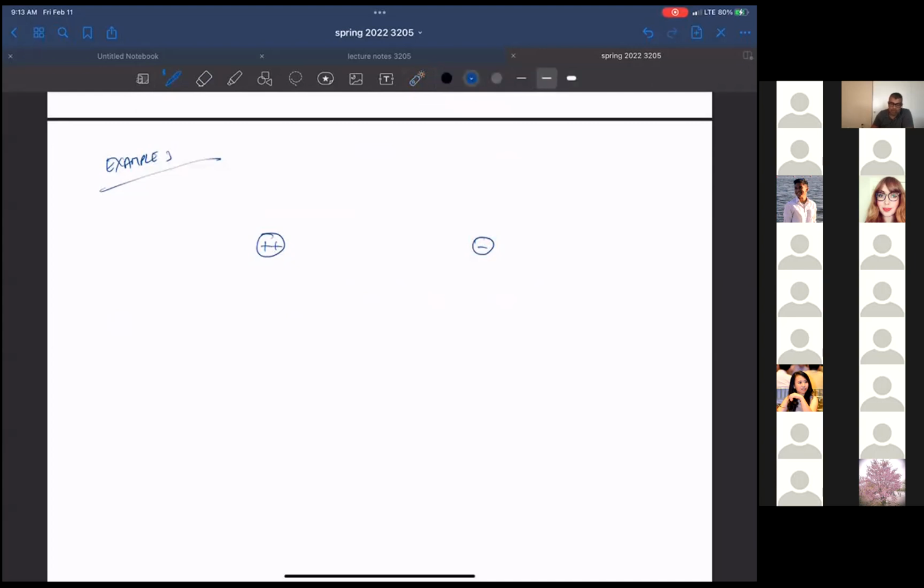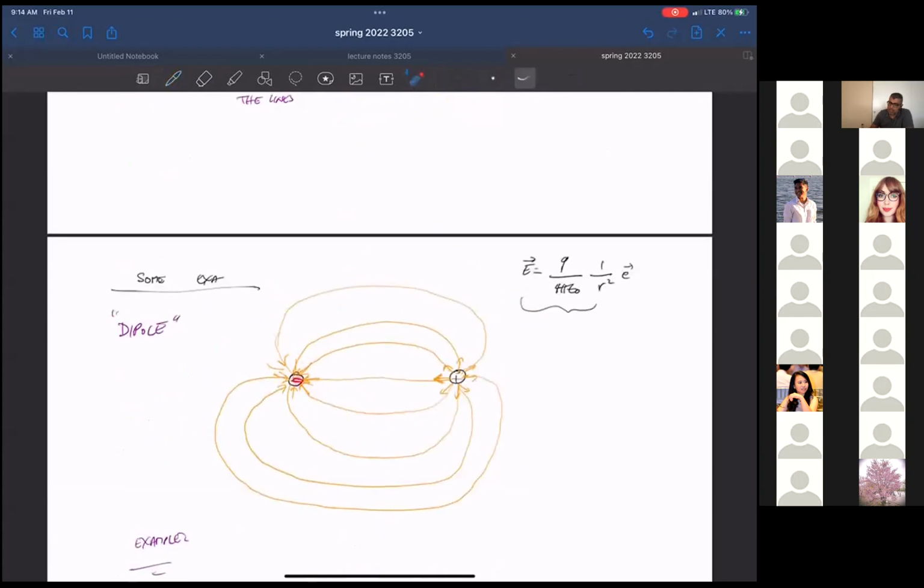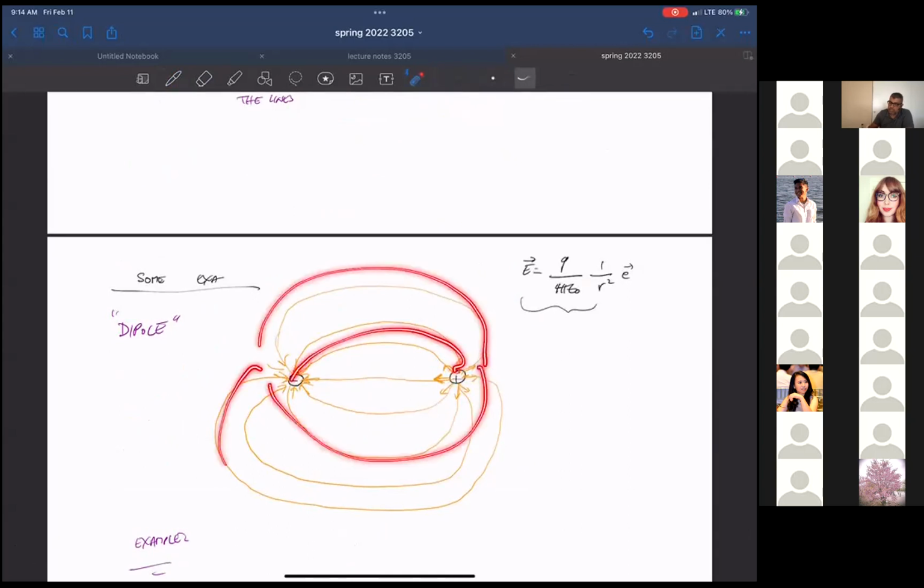Except now you would end up with the electric field lines being drawn further out. So this one tends to dominate as you move far enough away. Remember the dipole, when the charges had the same and opposite amplitude, it looked very symmetric.